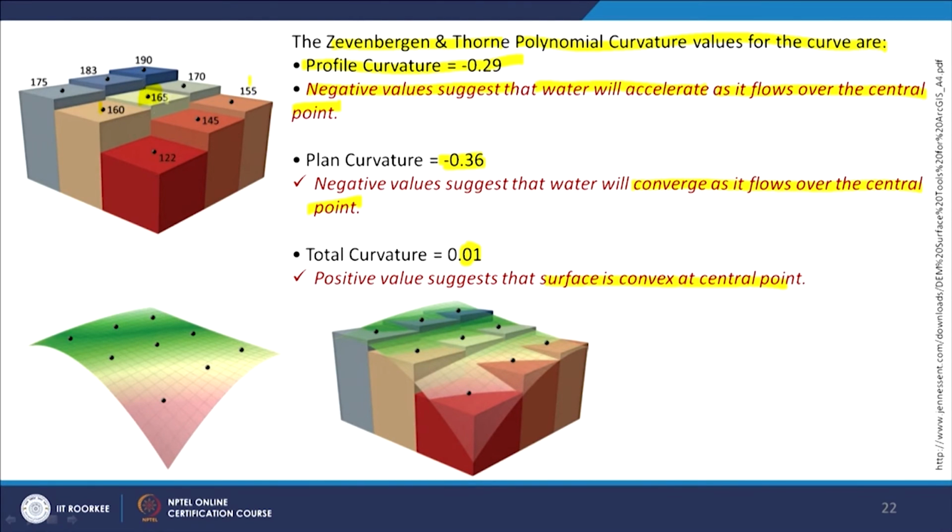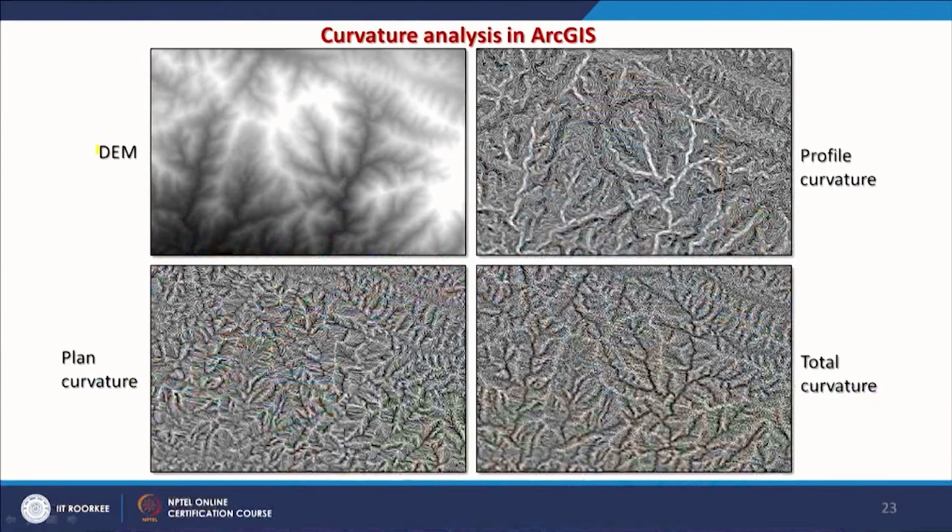So this is a convex scenario. Now using different methods, these plan curvature, profile curvature and total curvature along with digital elevation model. So first one, the top left is our input digital elevation model.